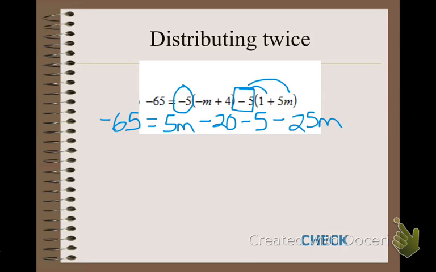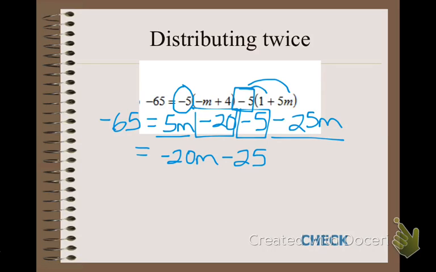At this point, I do see that on the right side of my equal sign, I still have some simplifying that I can do. 5m and -25m can be combined to be -20m. And -20 and -5 can be combined to be -25. At this point now, I am going to begin inverse operations to continue solving.